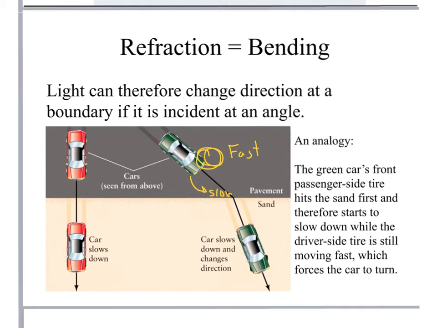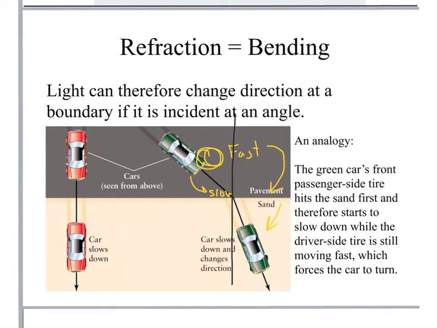What this means is if this tire is going fast, it's going to whip around and force the car to move further towards our normal, if we have a normal right here. So one side of that car going fast causes the car to turn inwards.